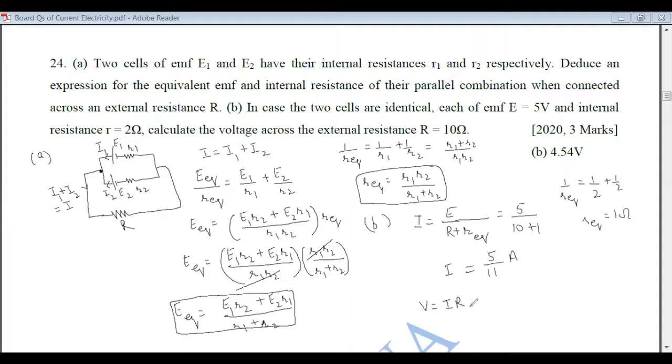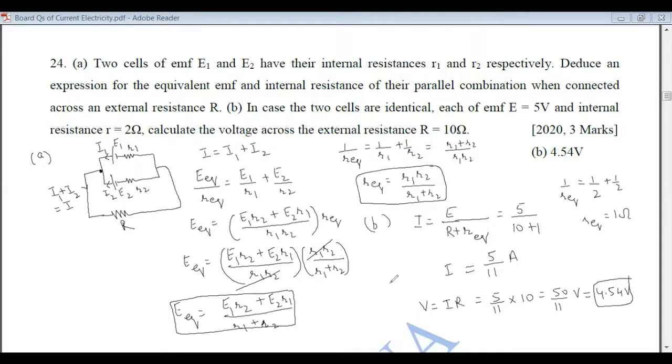The potential difference is given by I into R. Current is 5 by 11 amperes and the resistance given here is 10 ohms. So it is 50 upon 11 volts, which is equal to 4.54 volts. Hence, the potential difference is 4.54 volts across the 10 ohms resistance.